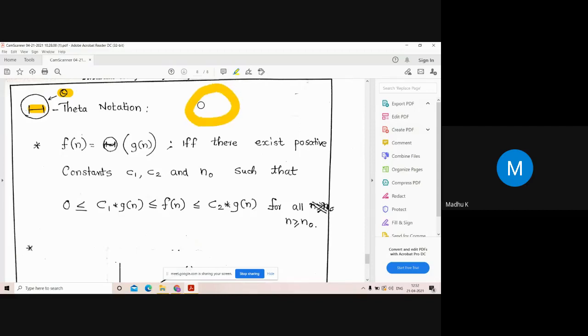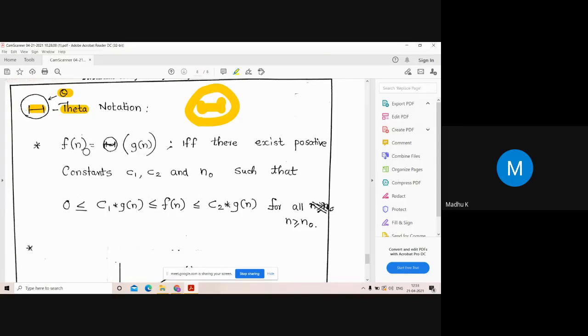In the text, this is the notation we usually use. Basically, it is theta notation. So, what is theta notation?